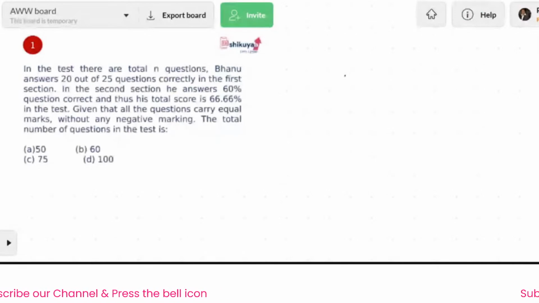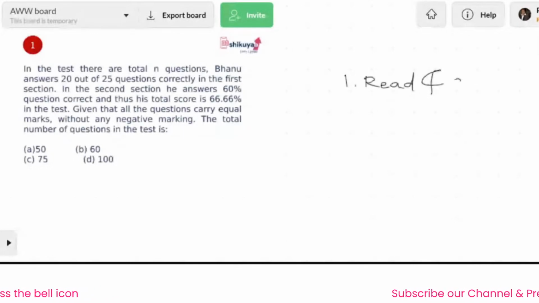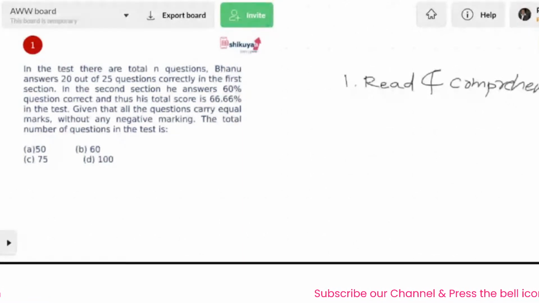The very first important thing is you should be good at reading and comprehending the problem. It is one of the essential skills of solving aptitude questions.